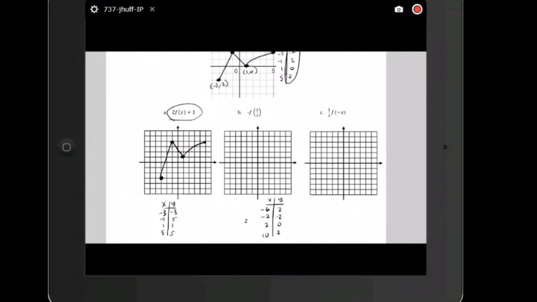So now we have a couple of points to plot. -6, -2, 2, 0, and 10, 2.